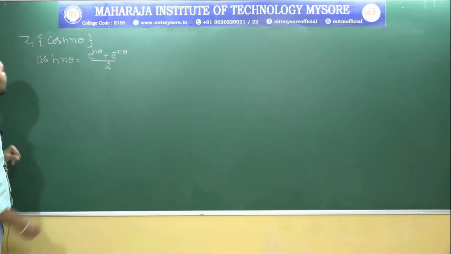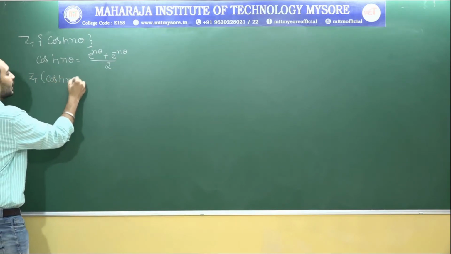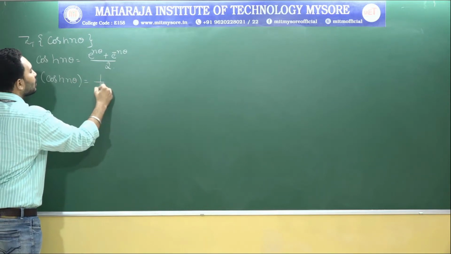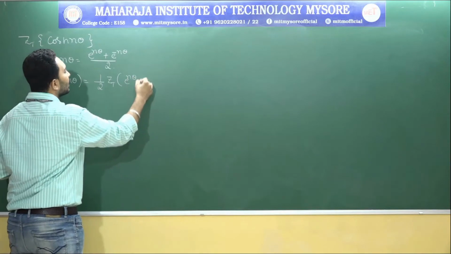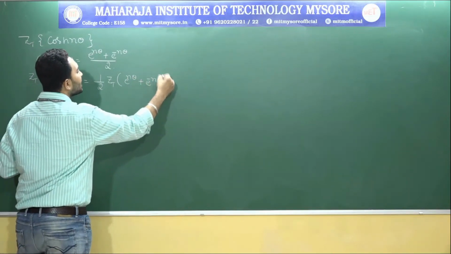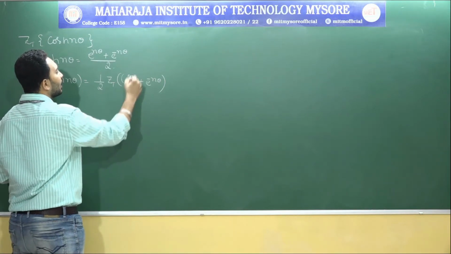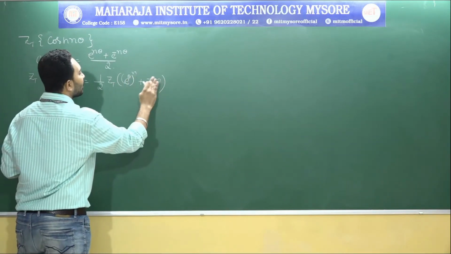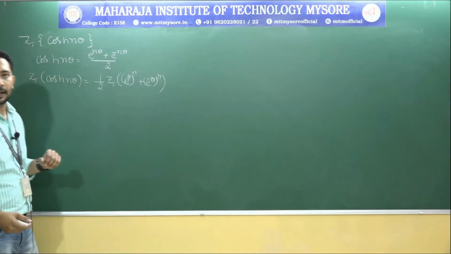So we need to find the z transformation of cos hyperbolic n theta, 1 by 2 into the z transformation of e power n theta plus e power minus n theta. I can write e power n theta as (e power theta) power n, and e power minus n theta as (e power minus theta) power n.